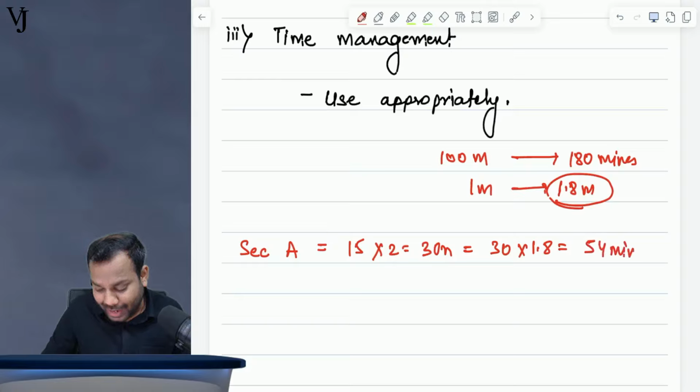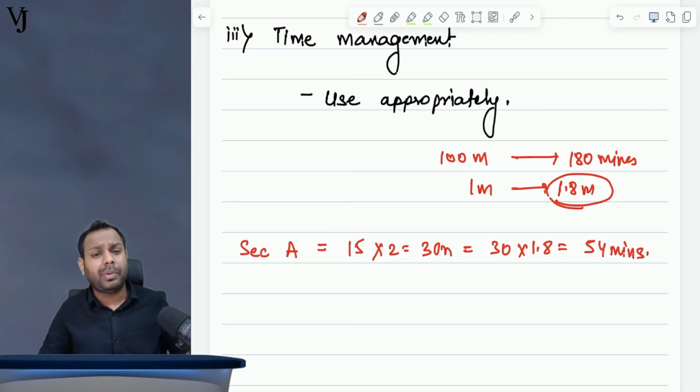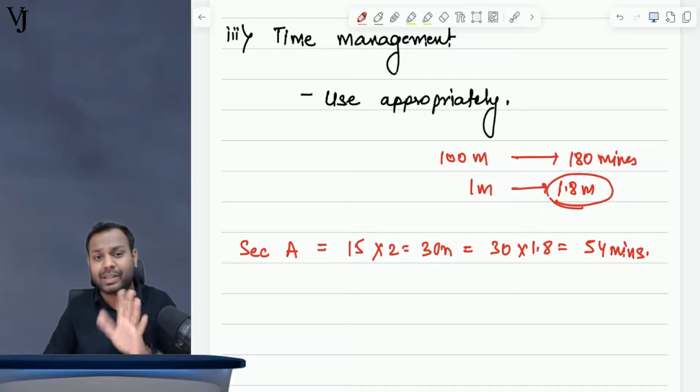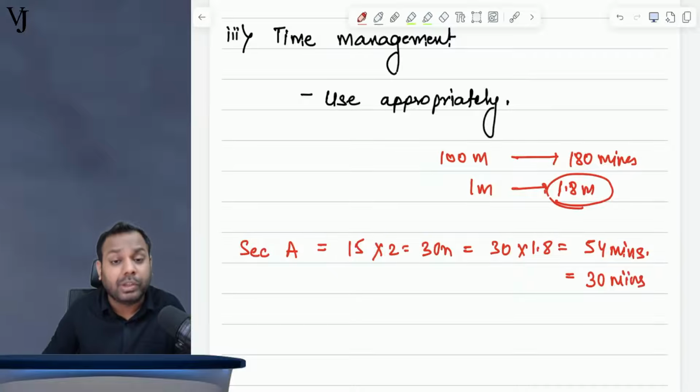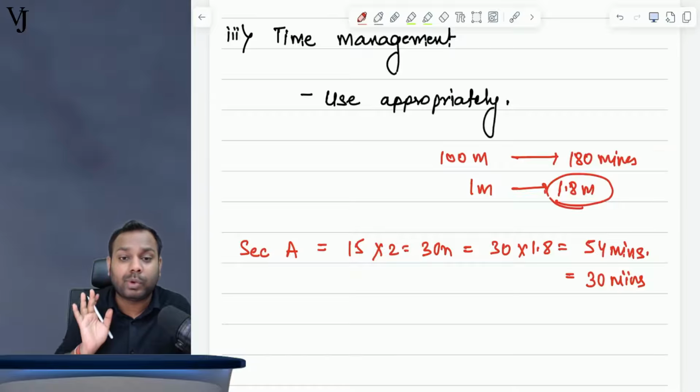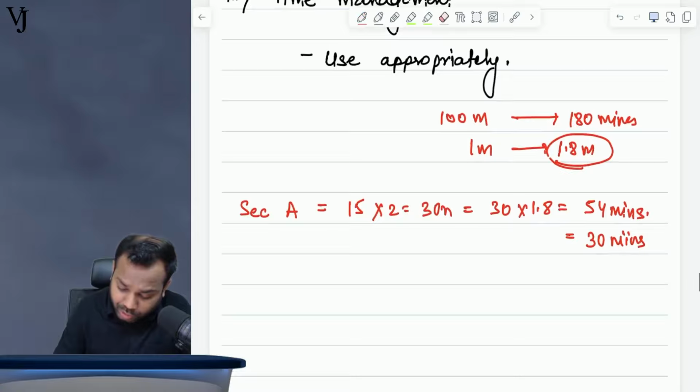But ideally, I will tell you 54 minutes is too much for section A. Give only 30 minutes to section A. It is more than sufficient. If you want to give more, max 35.